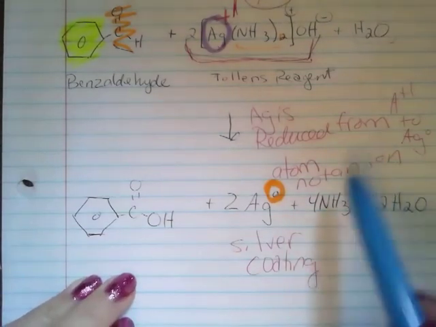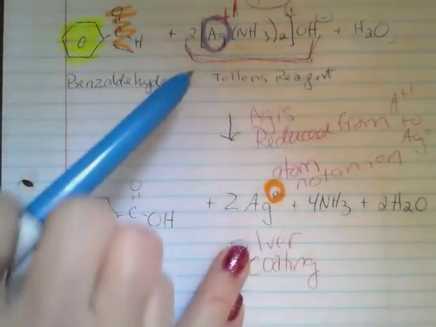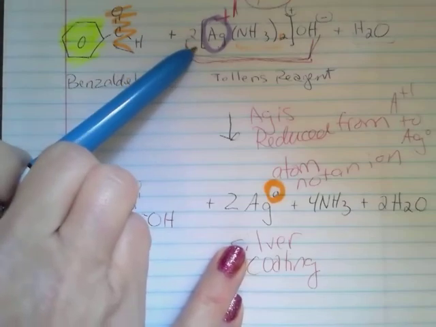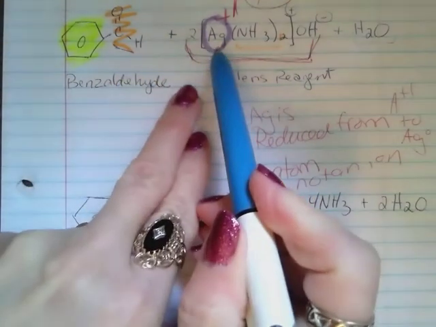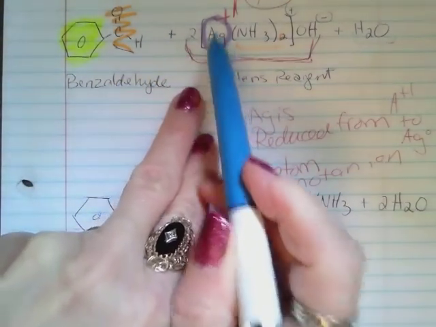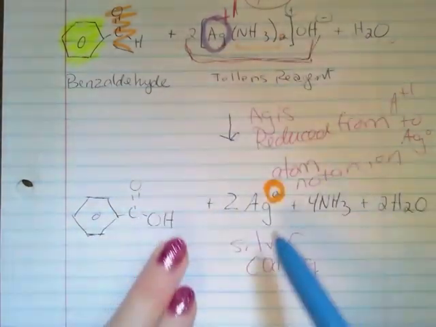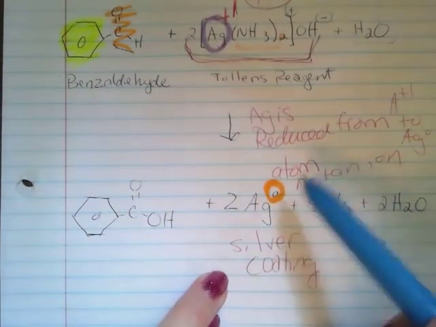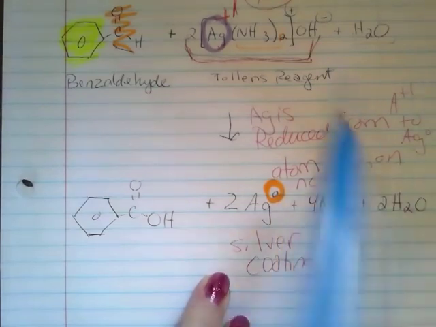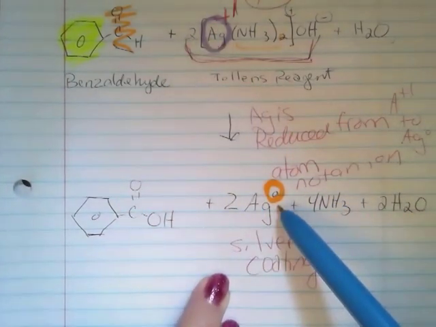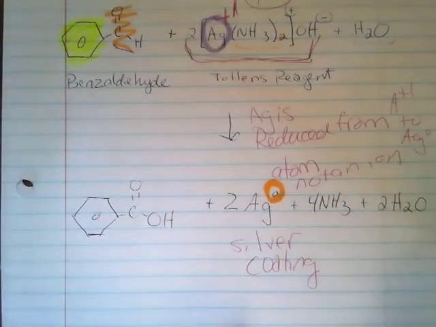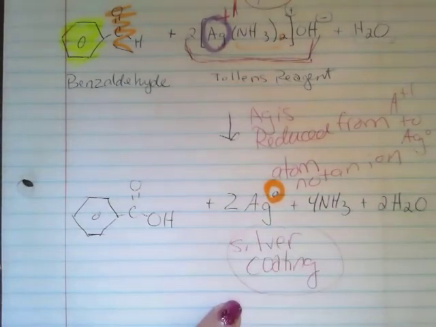But all you need to know is that this is clear when they add it right here because it's in solution and it has a +1 charge. But then after the reaction happens, that silver is reduced from a +1 charge to a 0 charge, and it falls down to the bottom. It's a precipitate, it's heavy, and it falls down to the bottom of your flask, of your glass container, and it produces that silver coating.